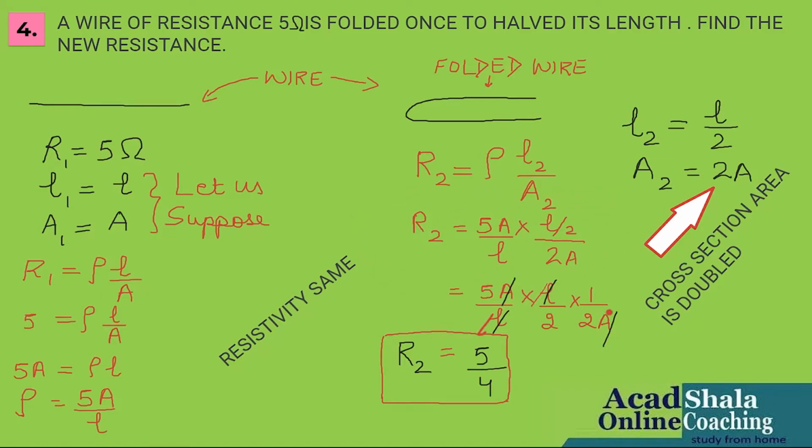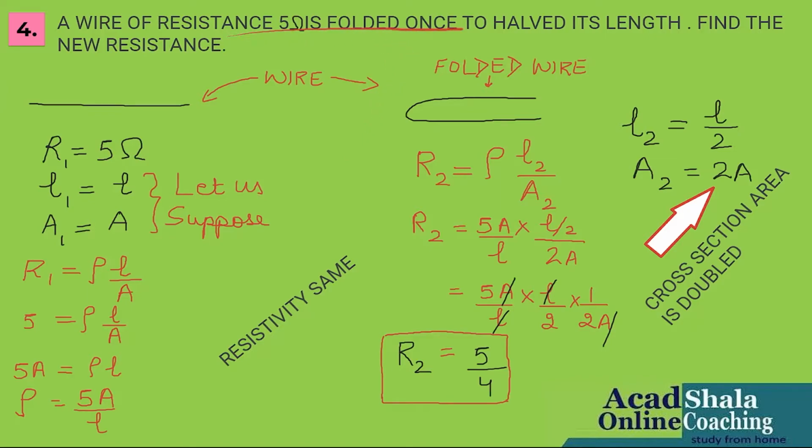After cancellation and simplification, my answer for the new resistance comes out to be R2 is equal to 5 upon 4. This is the way I have calculated my new resistance after putting up the two cases, case 1 and case 2, according to the demand in the numerical.